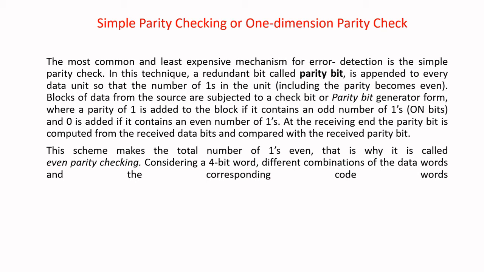And 0 is added if it already contains an even number of ones. At the receiver end, the parity bit is computed from the received data bits and compared with the received parity bit. This scheme makes the total number of ones even, that is why it is called even parity checking.